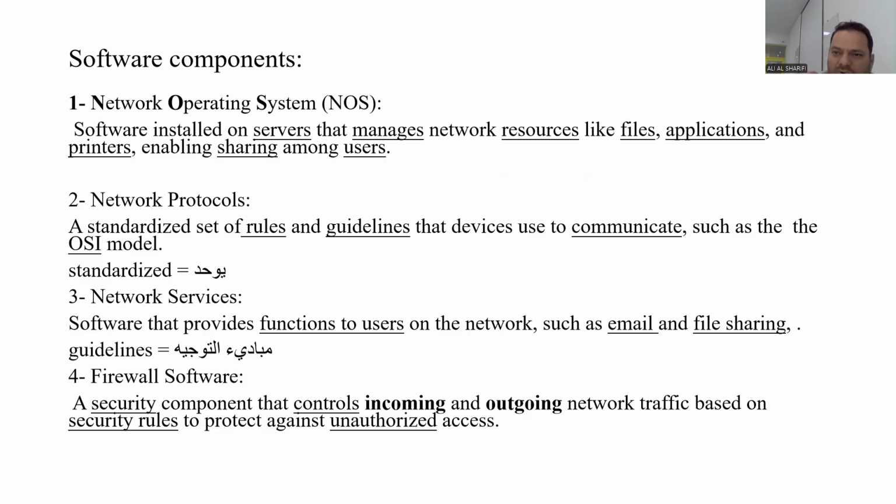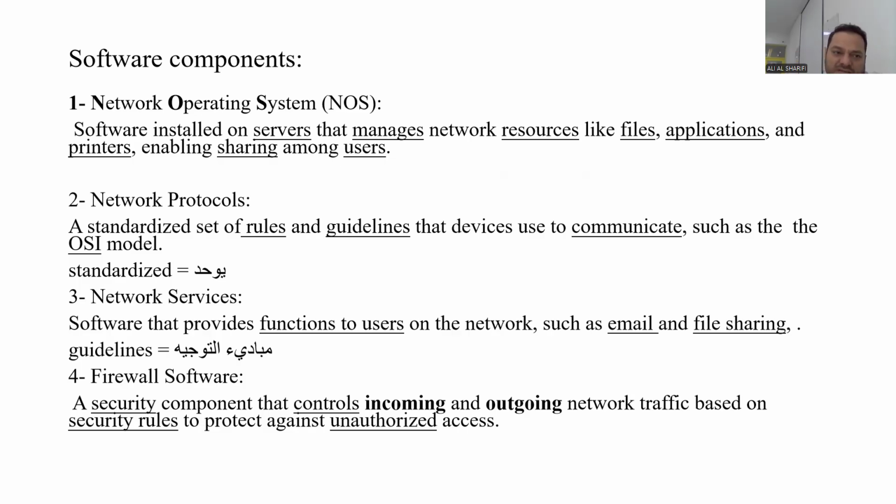Network protocols, systems, rules, management section: a standardized set of rules and guidelines that devices use to communicate, such as the OSI model. This example is related to network protocols.